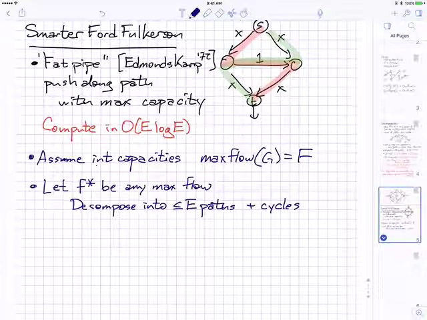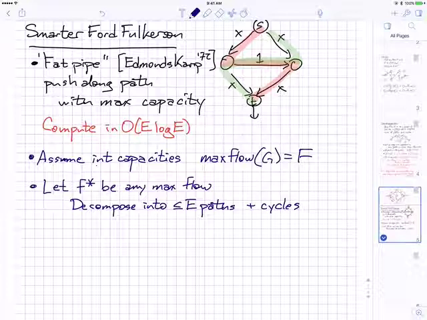And moreover, each of these paths only runs in the same direction as the flow, F star. So in particular, that means that each of these paths is sending a certain amount of flow, and if I sum up those amounts, I'm going to get the value of the total flow, F star. So I've got E paths carrying a total of capital F flow. That means at least one of these paths must carry at least F over E flow.